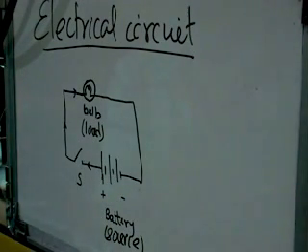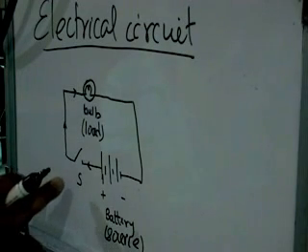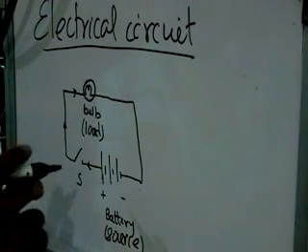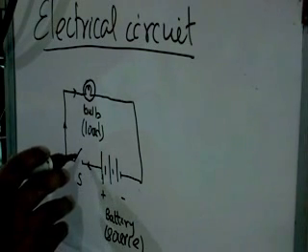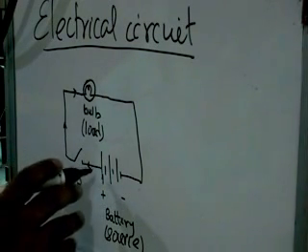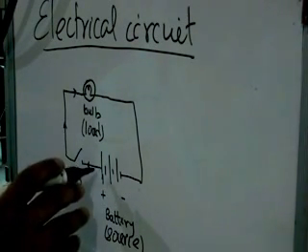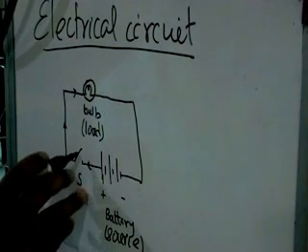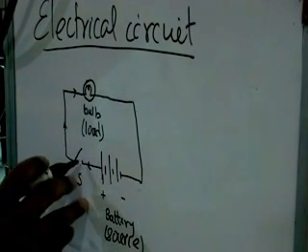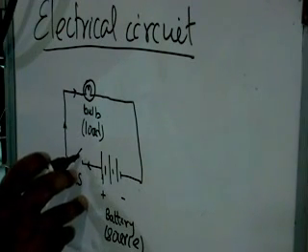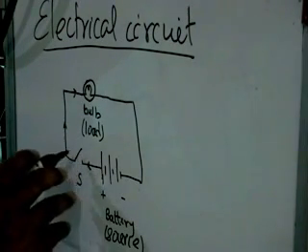So if you open the switch, the path is interrupted. So the flow of current is interrupted because the current can no longer flow here because it has formed a gap.